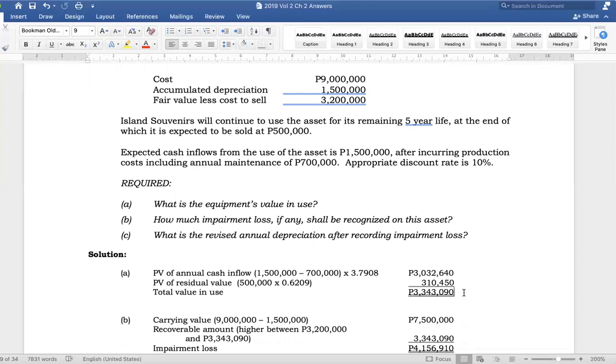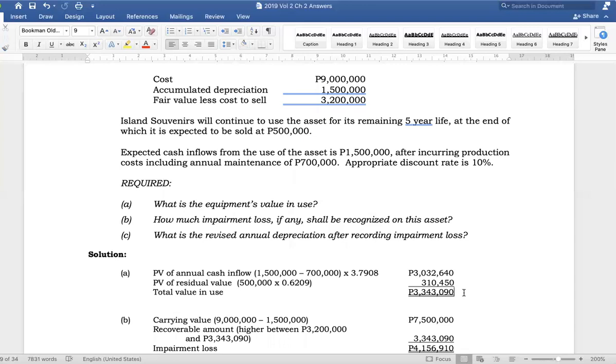Okay, so does it mean that that is the recoverable amount of the asset? Not yet, because again, the recoverable amount is the higher between the fair value less cost to sell and the value in use. So we have to compute first, and that is given. Fair value less cost to sell is 3,200,000.